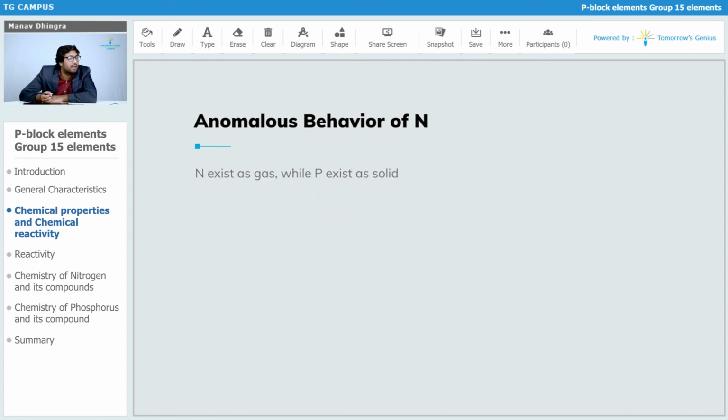And nitrogen exists as a gas while phosphorus exists as a solid. This is also a very similar type of question. Why does P4 exist? Because phosphorus cannot form multiple bonds with itself, so it prefers to use the catenation property. That is why it exists as P4.